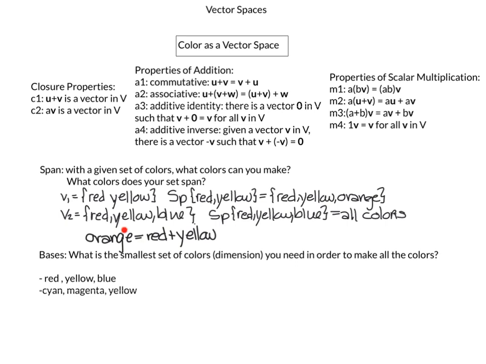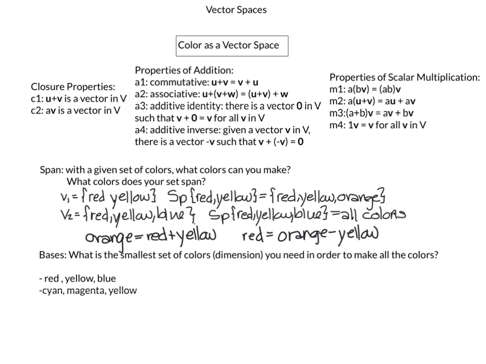This also gives us a way of looking at linear combinations, because orange we can now say is a linear combination of red plus yellow, whereas red is not a linear combination of yellow. We could say red is equal to orange minus yellow. Remember, we want to be able to take colors out, so we do have this inverse idea, right?